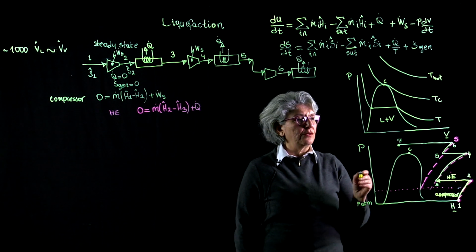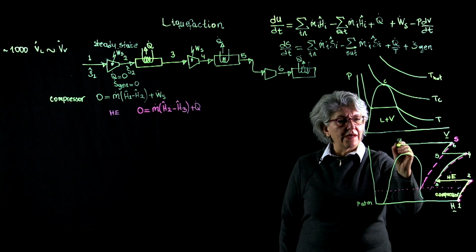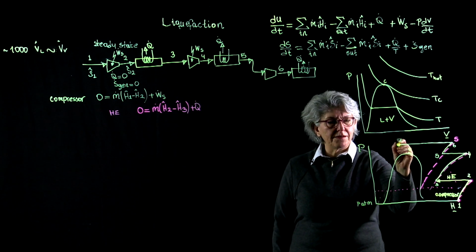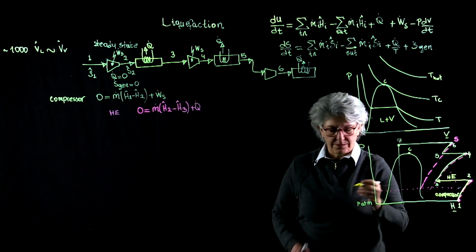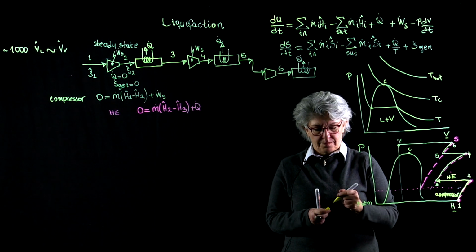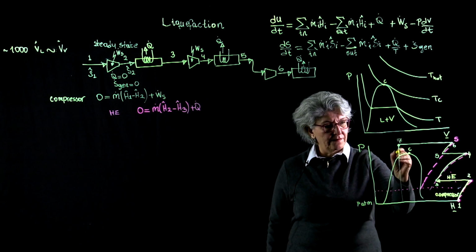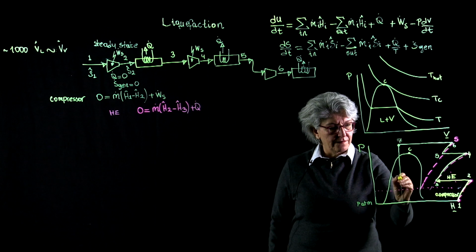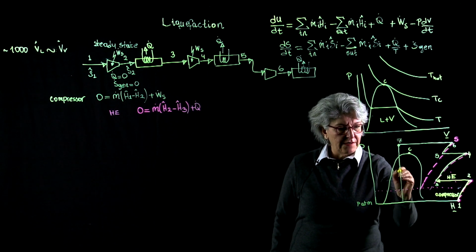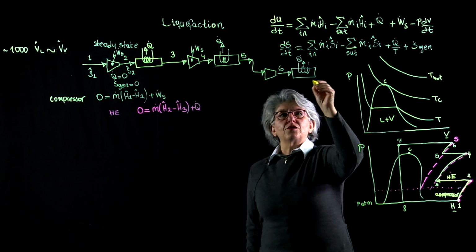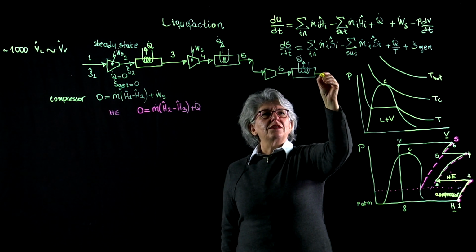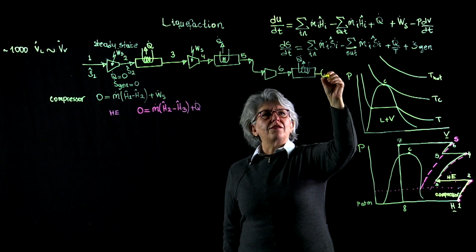And then I will use a throttle valve and do isenthalpic expansion. All right, constant enthalpy. So after the heat exchanger, I have a throttle valve.